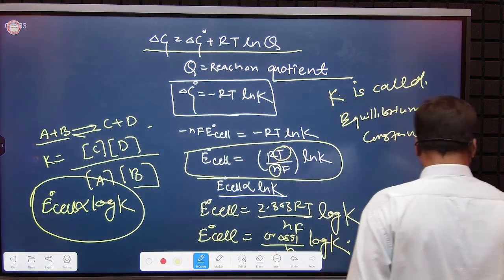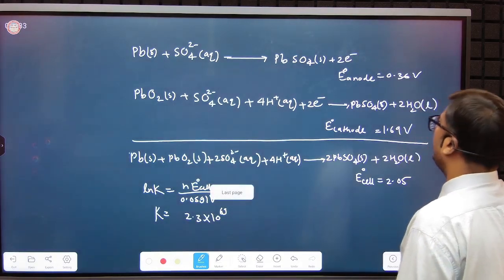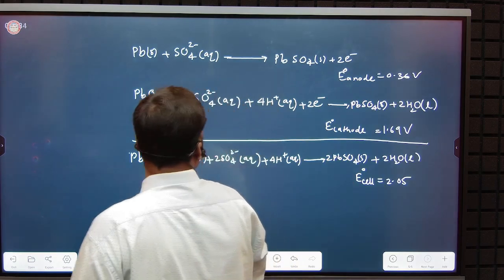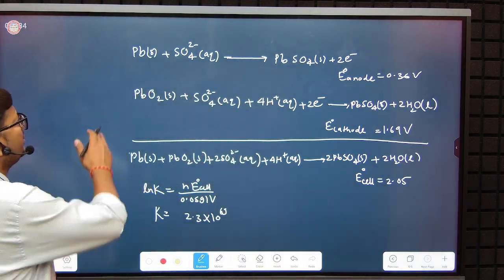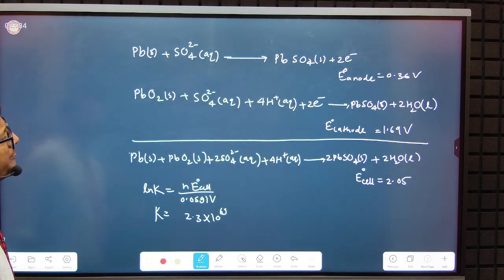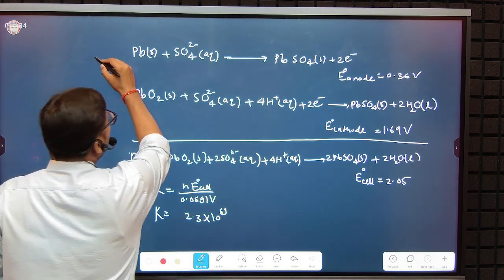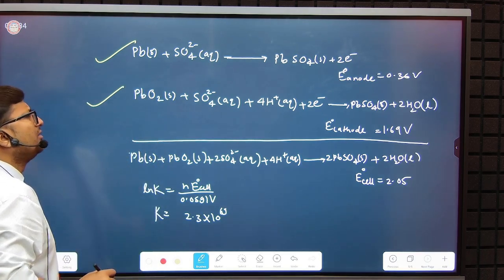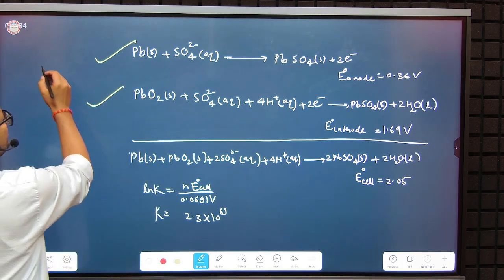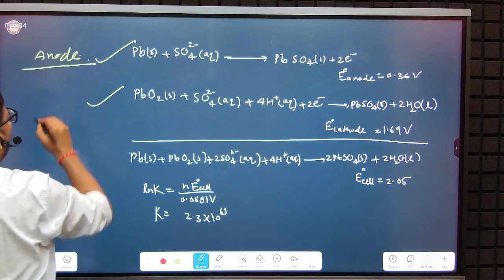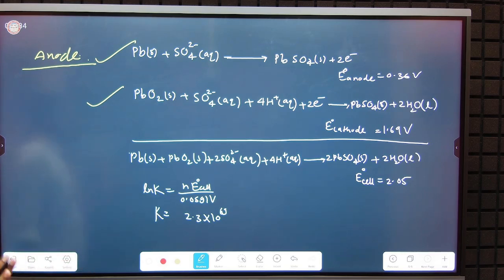Now, here we have shown a particular type of reactions in an electrochemical cell. This is your first half cell and this is your second half cell reactions. The first half cell reaction occurs at the anode, and at the anode there is oxidation, right?